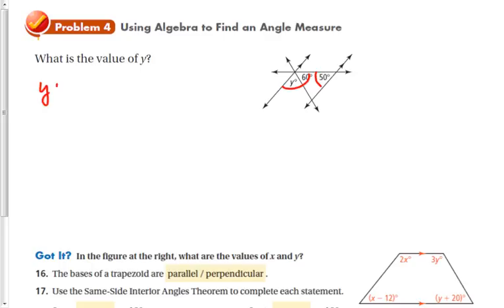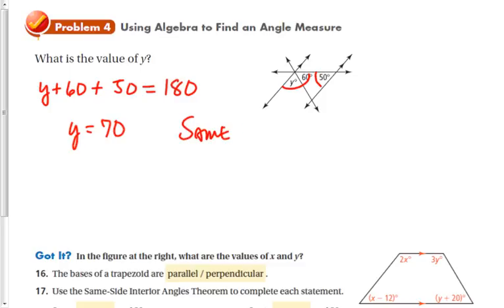So we can say y plus 60 plus 50 is equal to 180, and that's because of the same side interior angles theorem. We can subtract 110 from both sides, and we get y is equal to 70. And we're using the same side interior angles theorem. All right, you try that.